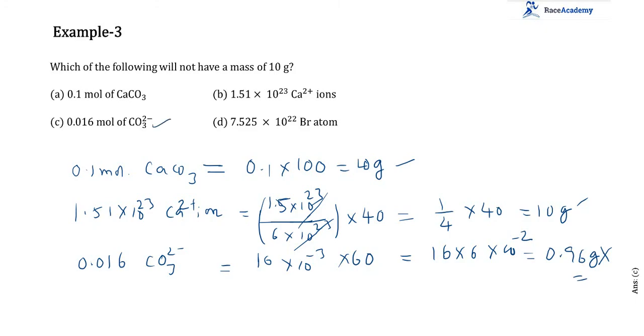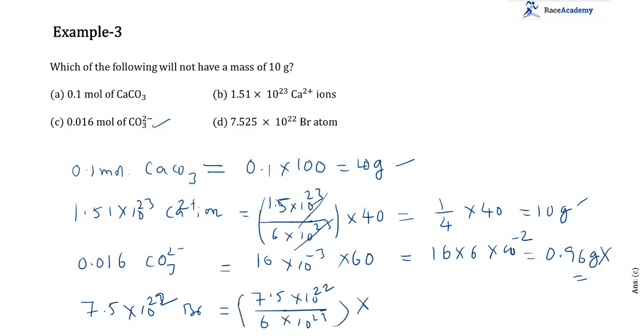But let us check the fourth one also. That is 7.5 into 10 power 22 bromine atoms. Bromine atoms means convert this into number of moles. That is 7.5 into 10 power 22 divided by Avogadro number, 6 into 10 to the power of 23 approximately, into bromine's atomic mass, which is 80.